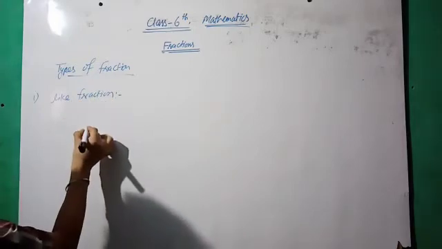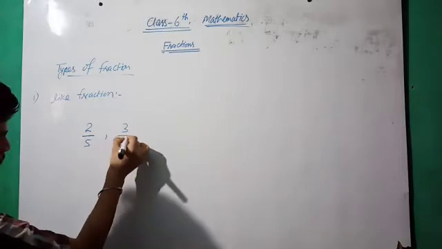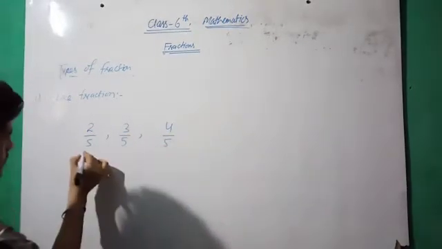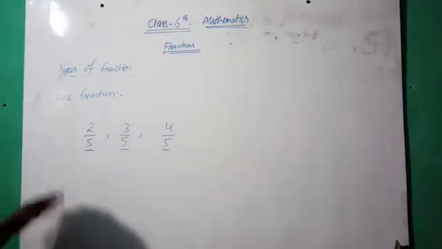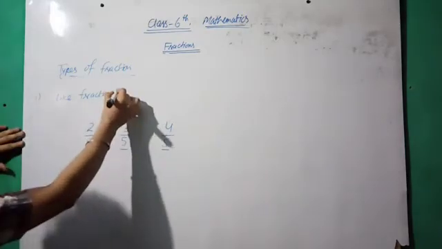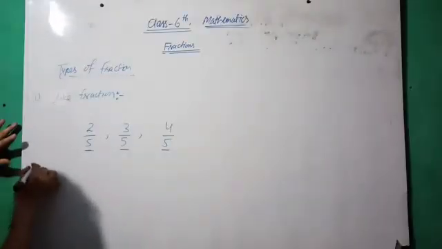So if we have 2 by 5, 3 by 5, 4 by 5, then the denominator of the fractions is the same, so they are known as like fractions. You have to write down the definition: if the denominator of fractions is the same, then they are known as like fractions.